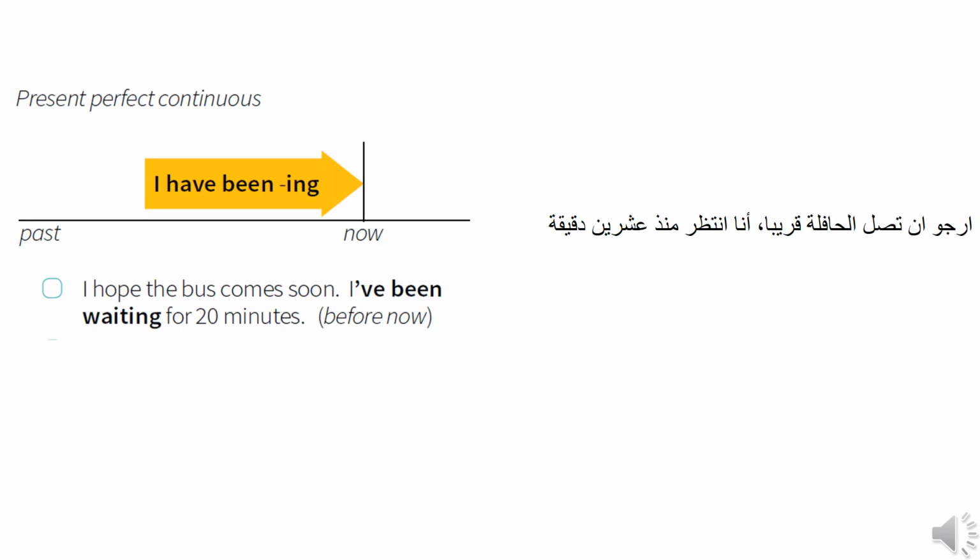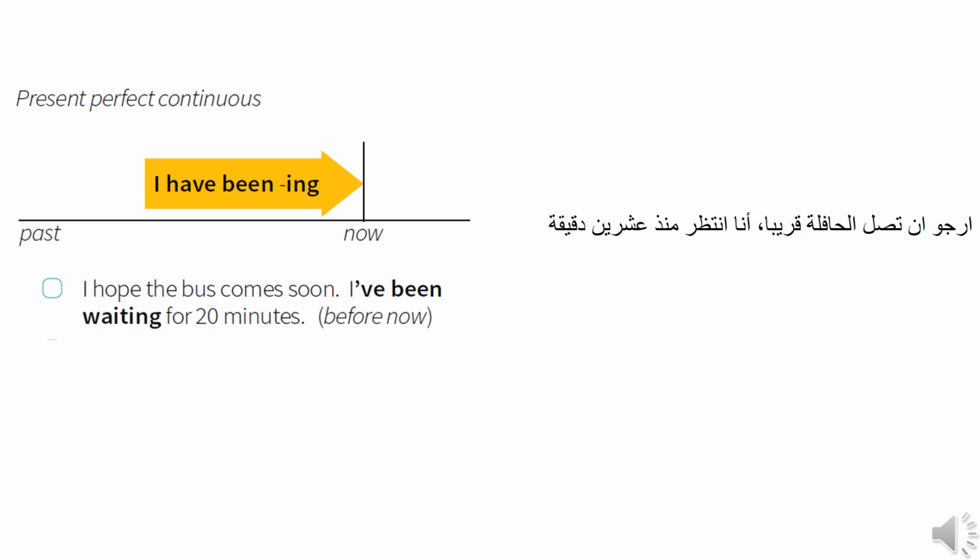In this example, you can imagine the difference between the past perfect continuous and the present perfect continuous. So in this slide, we have this timeline which refers to the present perfect continuous. As you can see here, we have two specific points, the past and now. And the example is, I hope the bus comes soon.